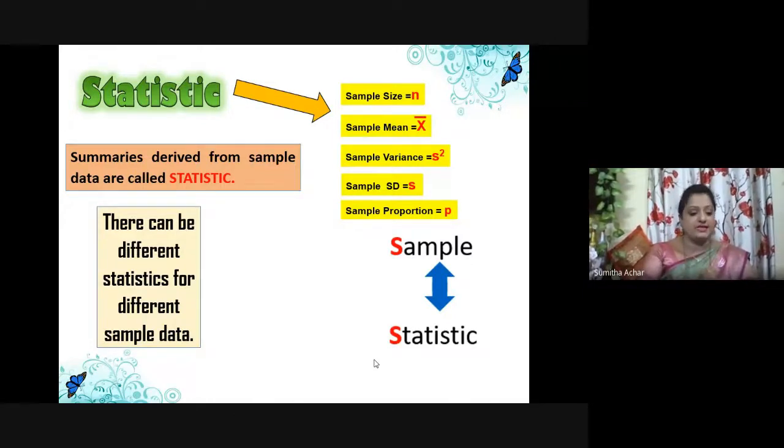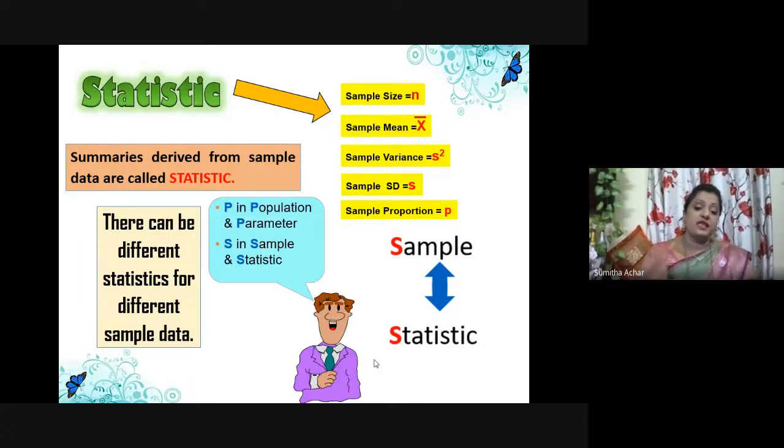Now, let's say my day's production is 20,000 bulbs, and the first sample I take is only 1,000 bulbs. How many times can I take such a sample? The first 1,000 will give me a different average. The second 1,000 will give me a different average. The third 1,000 can give me a different average, and so on, right?